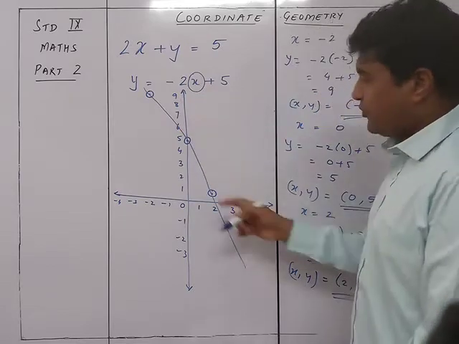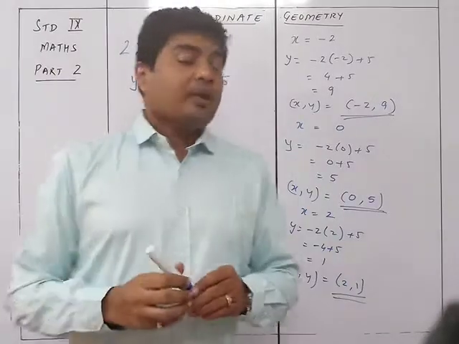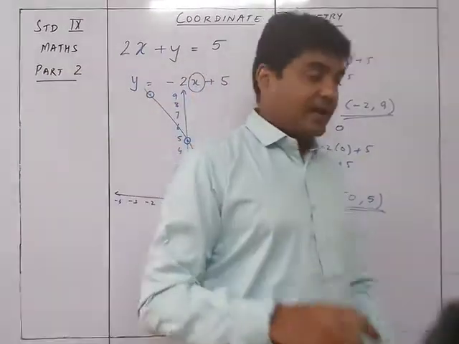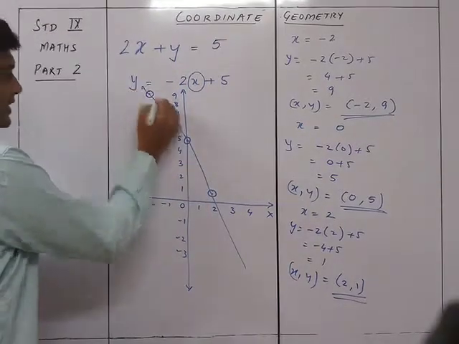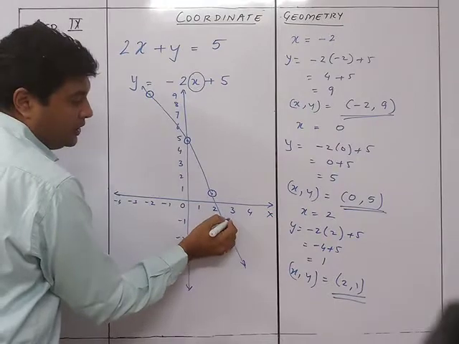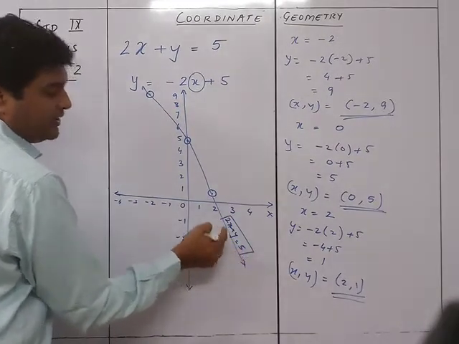Of course, mine is not a straight line because this 9 was not to scale. If you draw this line, you will find that it is a straight line, and this line is represented by this particular equation. So we'll write over here 2x plus y is equal to 5 as the equation for this line.